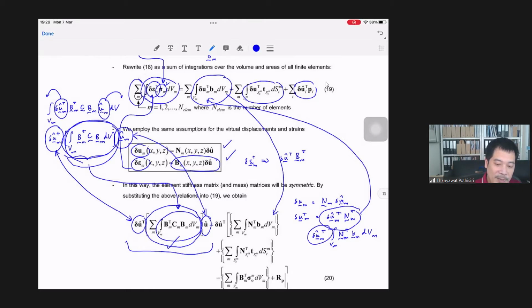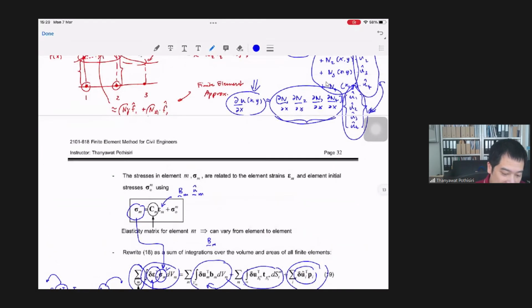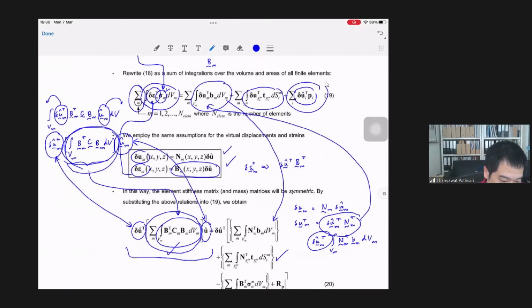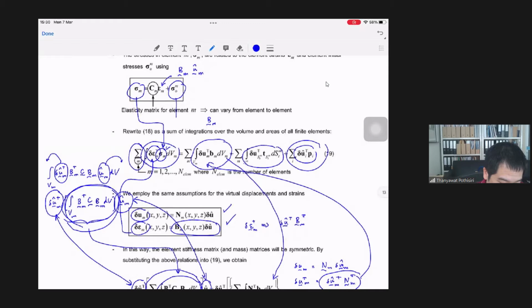All right. Now I pull this off from the integral because again, it's a nodal virtual displacement term. All right. So you can do the same thing for surface traction and for the point nodal force as well. And if we take into account the initial stress, then you will see that the initial stress should be on this side.